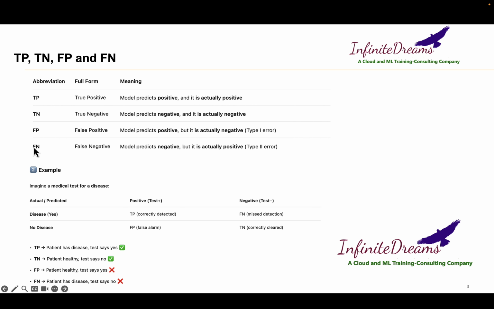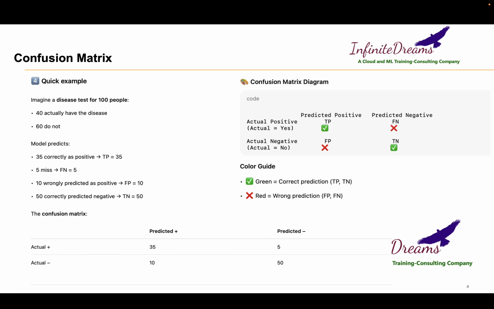Let's understand all these four terms with one example. Before that, this is the confusion matrix. When we write it this way it's called actual, and this way it's called predicted values. Suppose we have an example where our model is predicting a cancer disease.